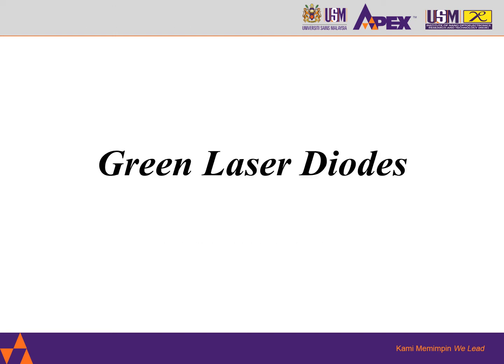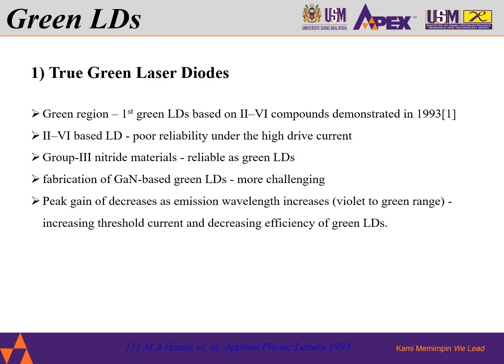Green laser diodes. In the green region, green LDs based on group 2-6 compounds were first demonstrated in 1993. A 2-6 based laser diode has poor reliability under high drive current in lasing condition. Group 3 nitride materials have been demonstrated to be promising for making reliable green LDs.